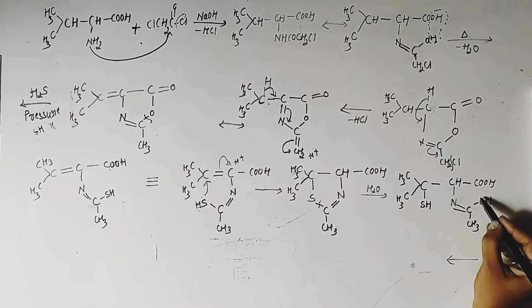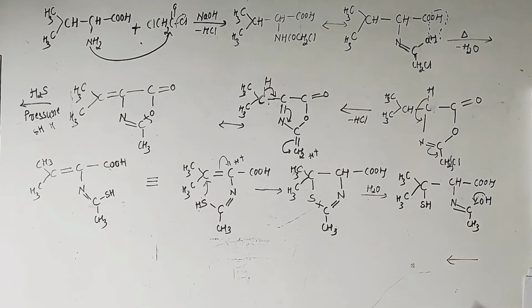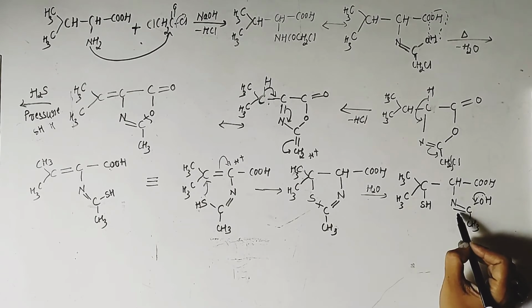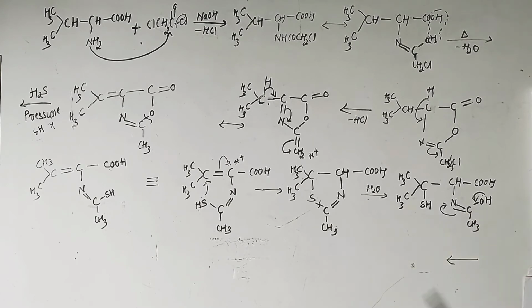So simply these hydrogens are giving their electron towards the carbon and oxygen bond, and it will form the double bond, and this pi bond will break and the electrons are moved towards the nitrogen.